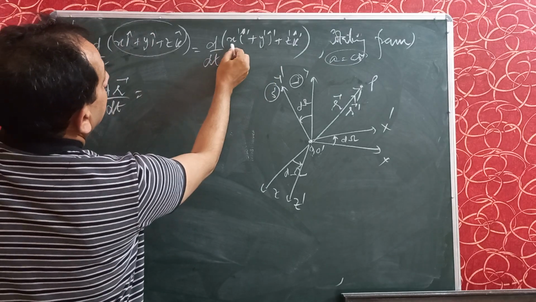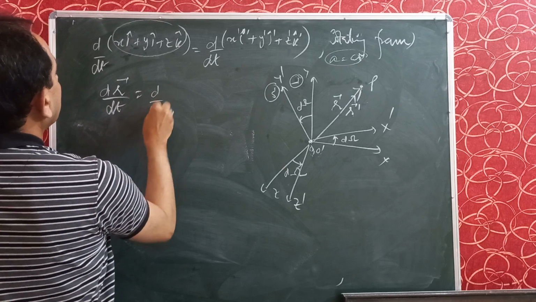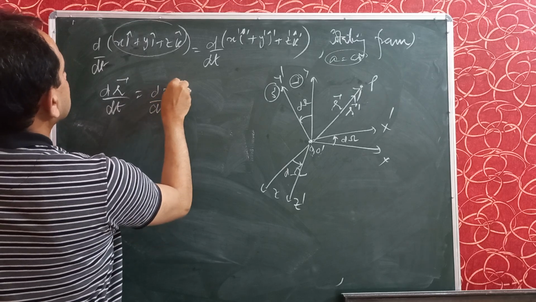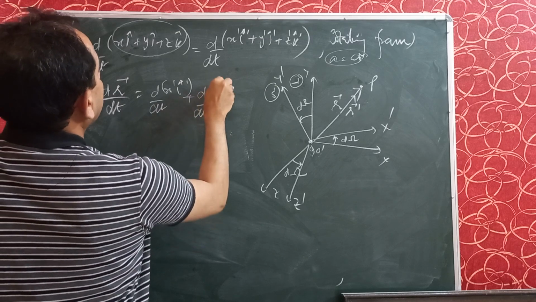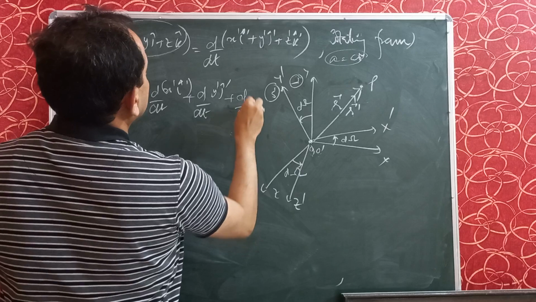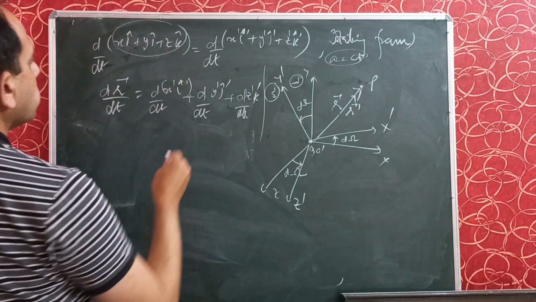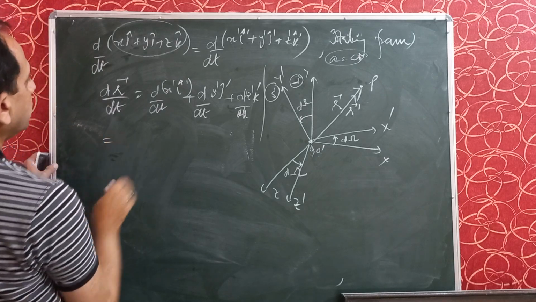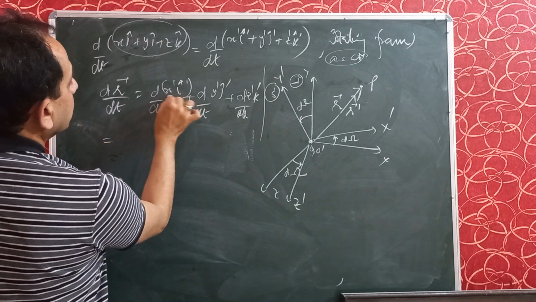It is the derivative of x dash i dash plus the derivative of y dash j dash plus the derivative of z dash k dash. Now, on the right hand side, both x dash and i dash are variables.